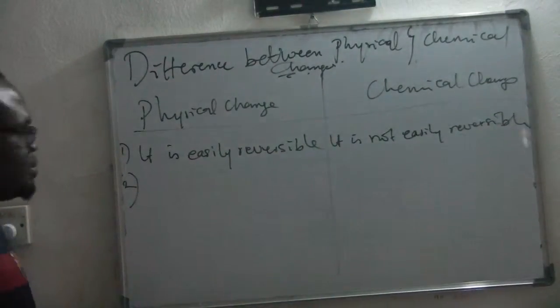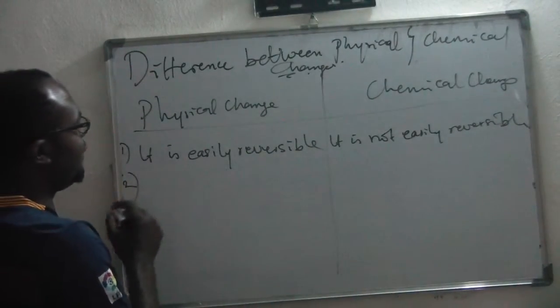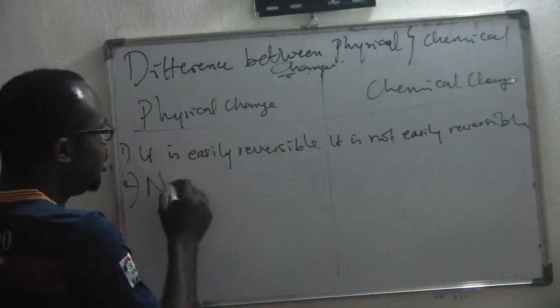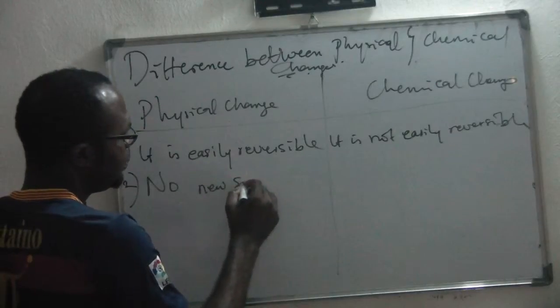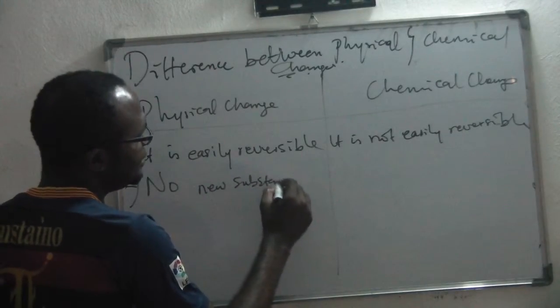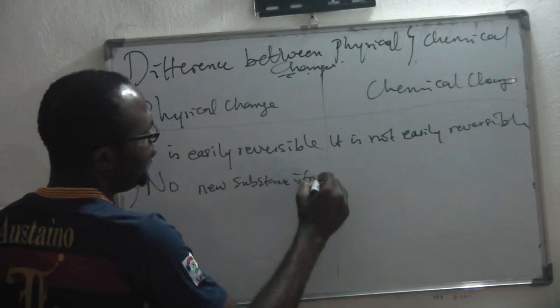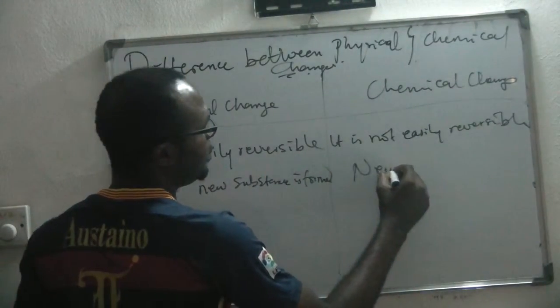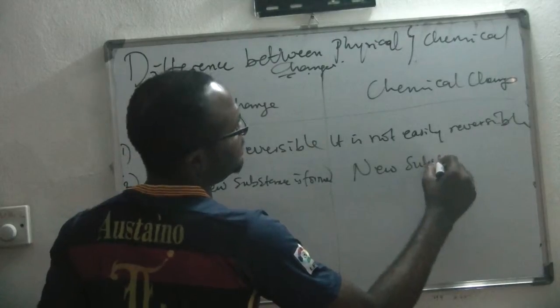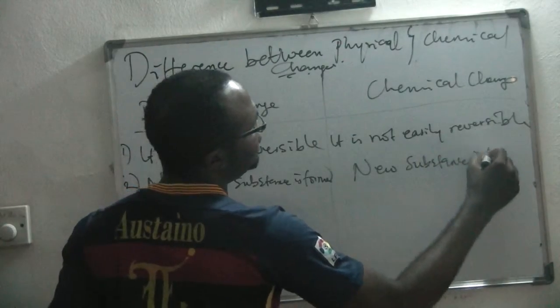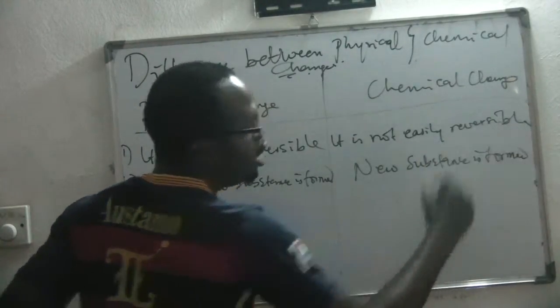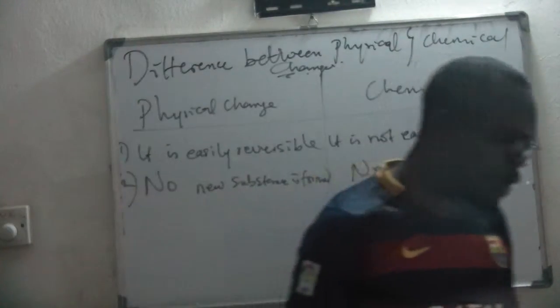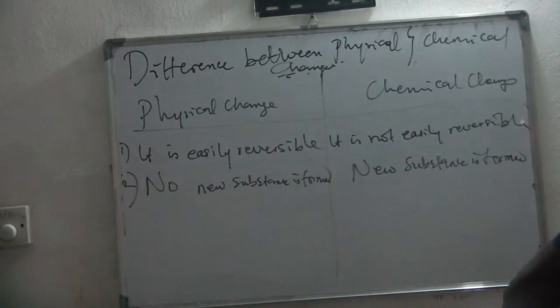In physical change, no new substance is formed. But in chemical change, new substances are formed. Is that clear? Yes.